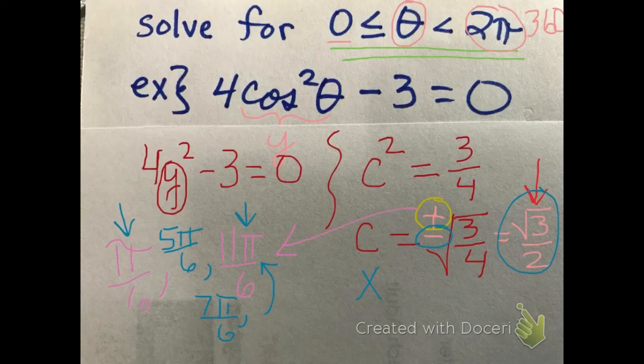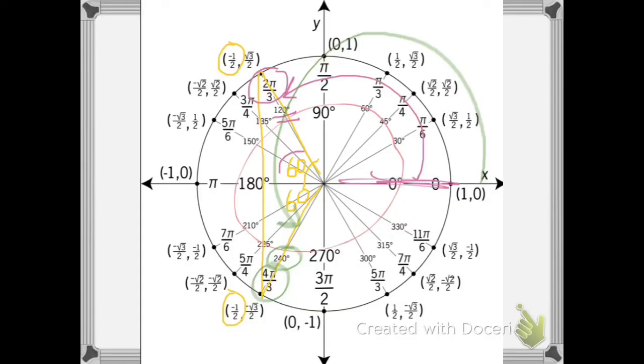So this guy here is going to give us 2 pi over 3, and 4 pi over 3. That is quadrant 2 and quadrant 3 solutions. And once again, even though the reference angle is 60, it's a 30, 60, 90 triangle, this angle measure is 120 or 2 pi over 3. Even though this is 60 degrees, this angle here is 240, starting from 0, which is 4 pi over 3.